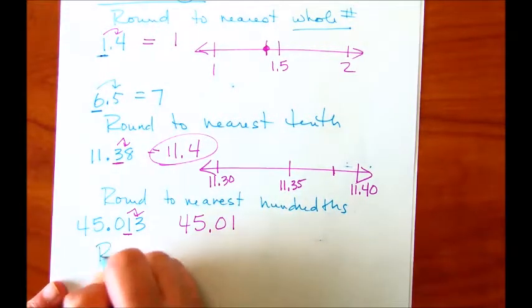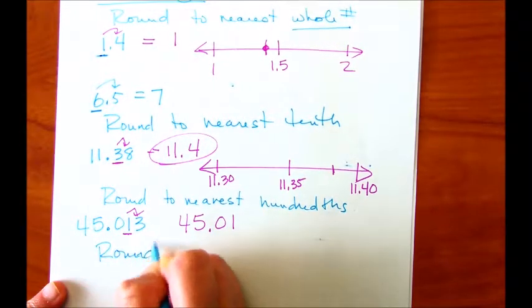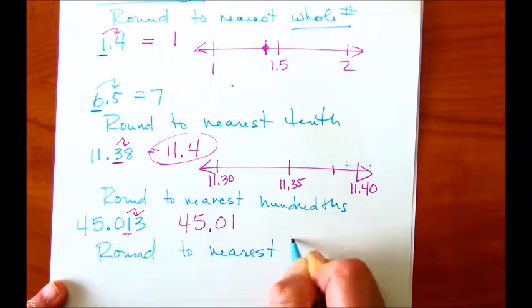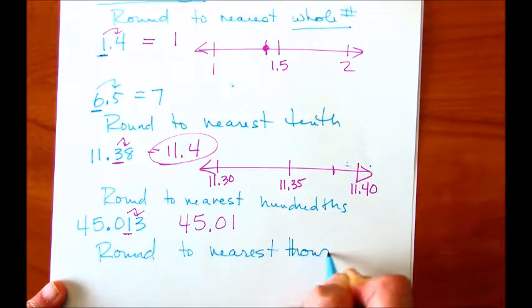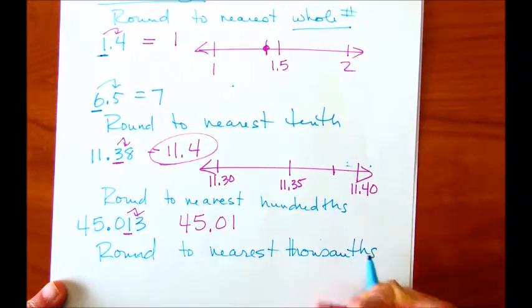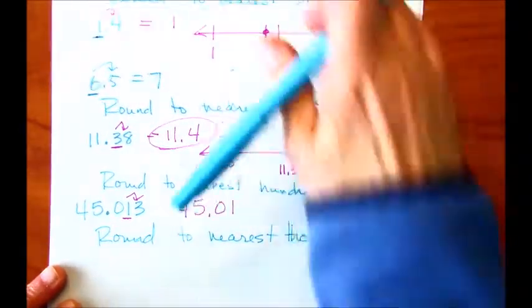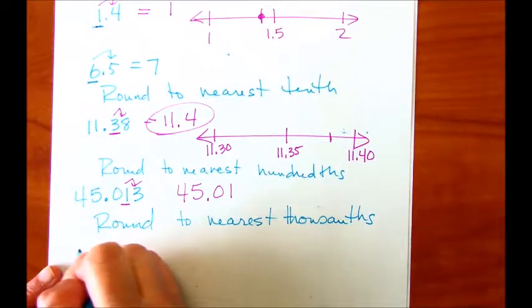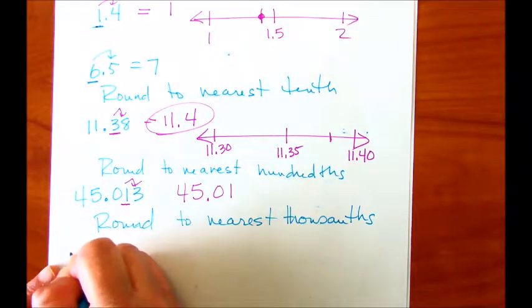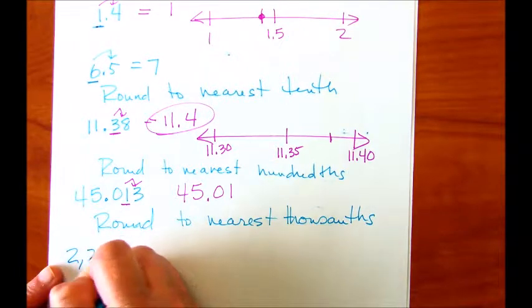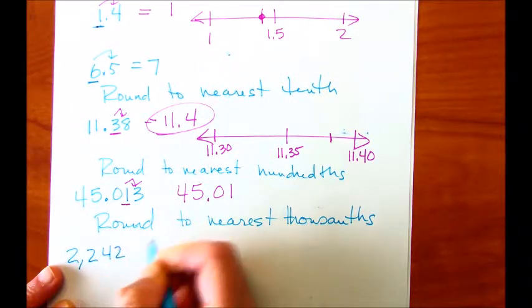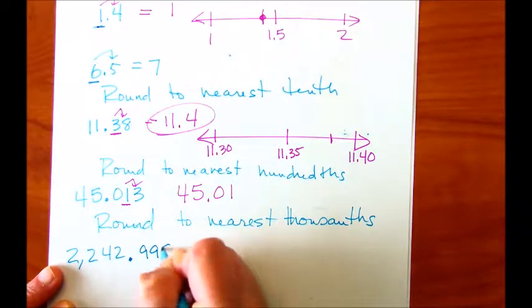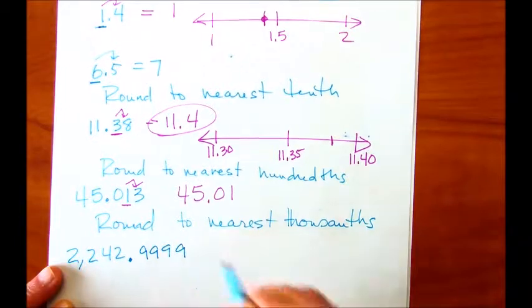And let's round to the nearest thousandths. Okay, so let me just make up another number here. 2,242 and 9,999.